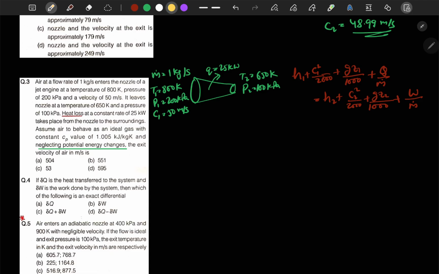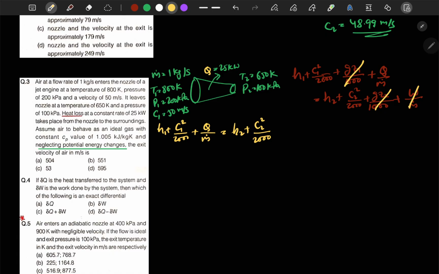Now here we will neglect the potential energy change. There is no work output, so we can write this equation as H1 plus C1 square by 2000 plus Q by m dot is equal to H2 plus C2 square by 2000.